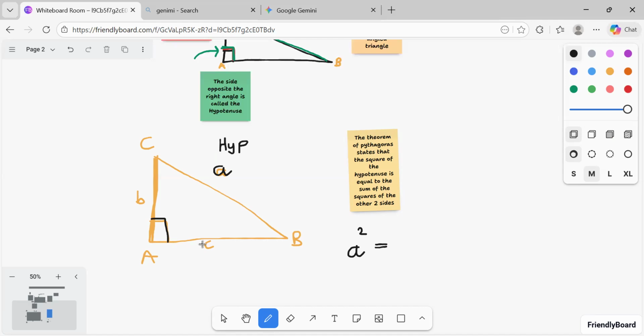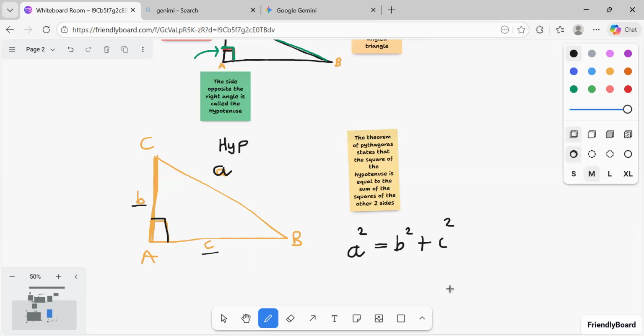What are the two other sides? B and C. So A squared is equal to B squared plus C squared.